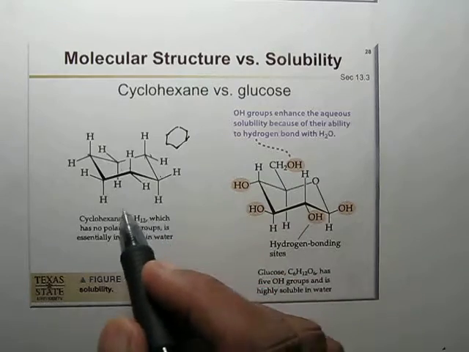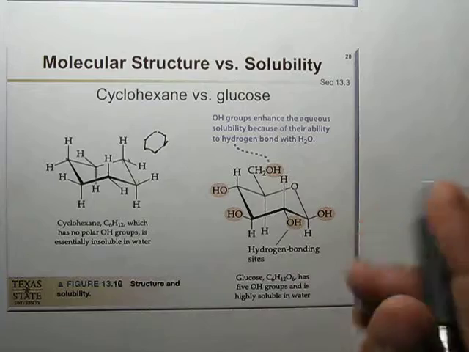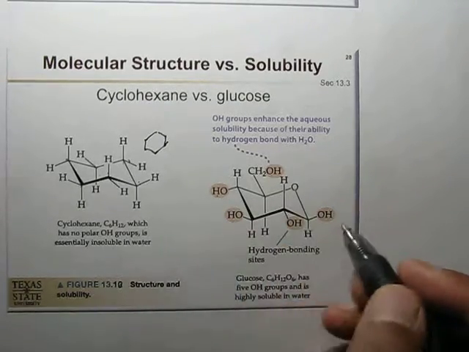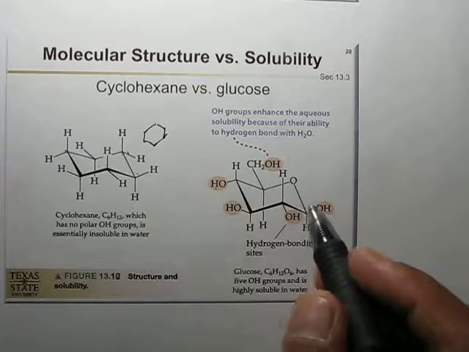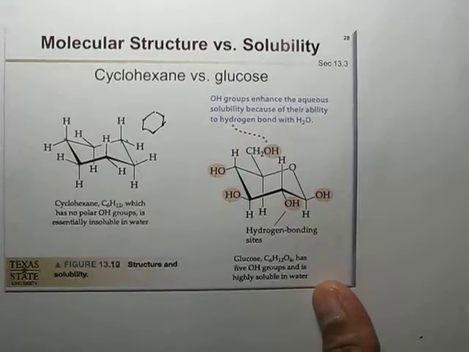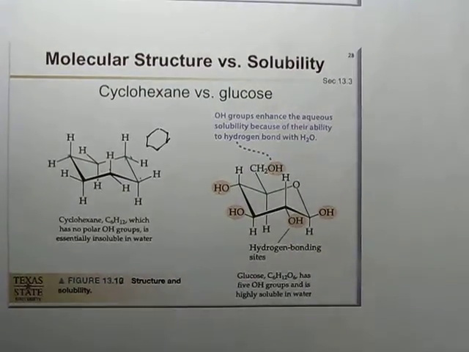This is a highly non-polar compound, and glucose has hydroxyl groups, OH groups. OH groups are considered polar groups, and they can form hydrogen bonding. So if a molecule has a polar group, it will dissolve in the polar solvent.